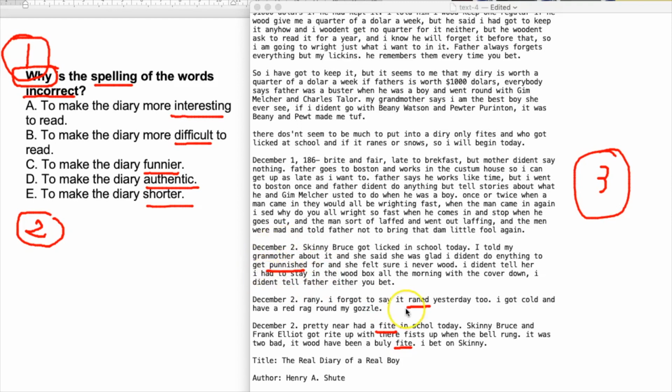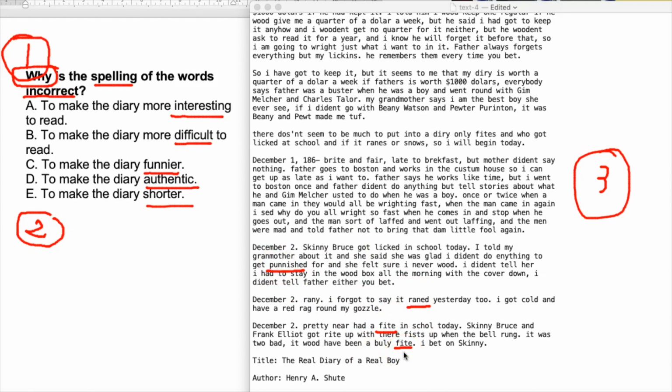The spelling mistakes are made such that it looks like it's a younger person who's starting to learn how to write, and they've spelt it as they would see it. So F-I-T-E, that actually is said as fight, but it's spelled incorrectly. But when you say it, it sounds like fight. So that's one of the key points here.